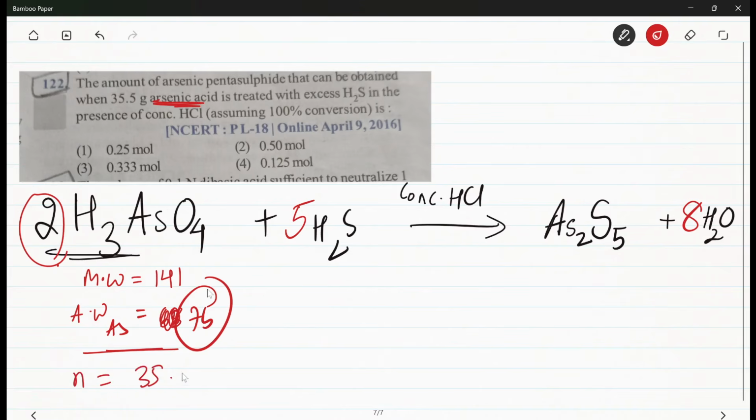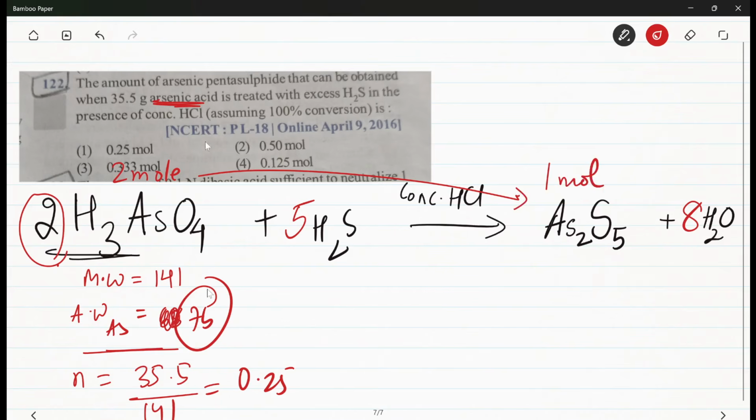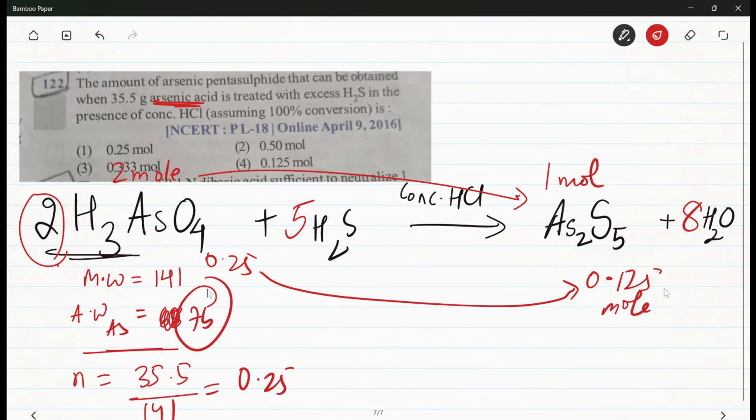So 35.5 by 141 will be 0.25. Now 2 moles gives how many moles of product? 1 mole. 0.25 mole will give half, 0.125. Unitary method. 2 mole gives 1 mole, 0.25 mole will give 0.125 mole. Agree?